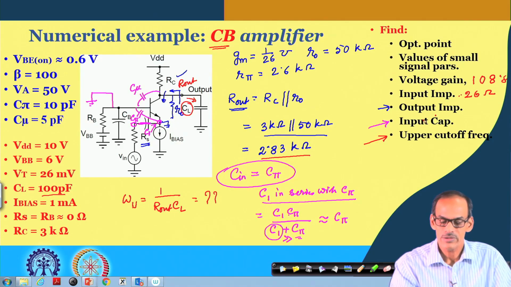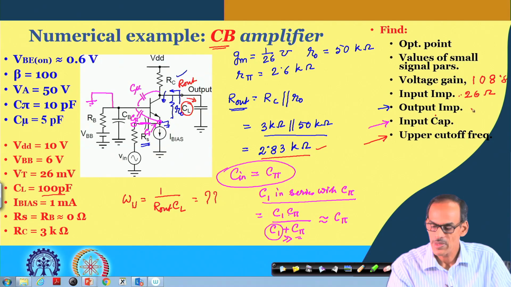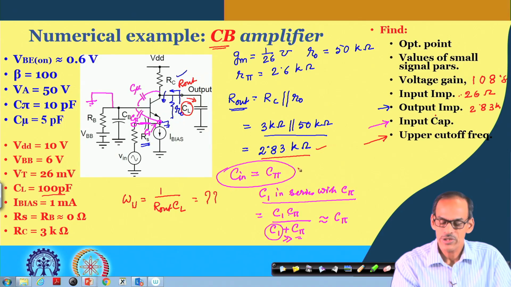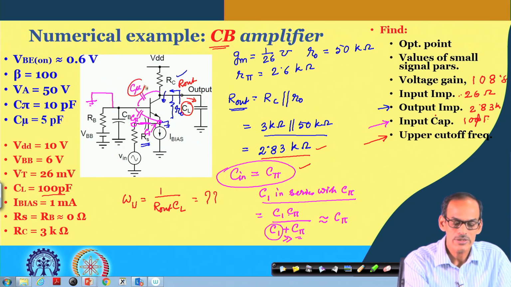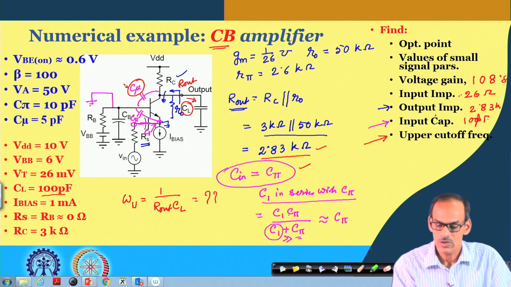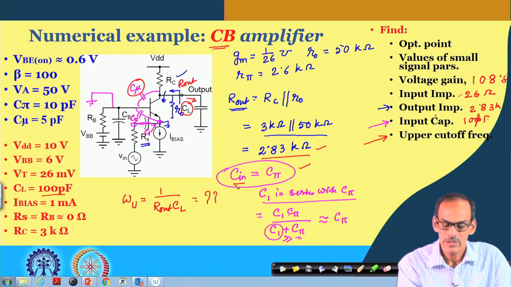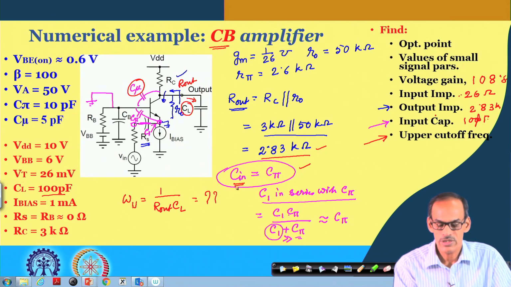Output impedance is decent, 2.83 kilo ohms, and input capacitance on the other hand is low, I should say 10 picofarad only, and C mu is not having any effect on C in. In fact, that is a good sign.